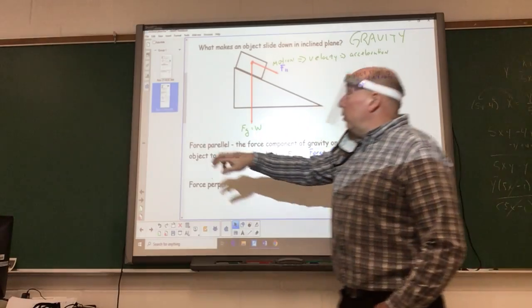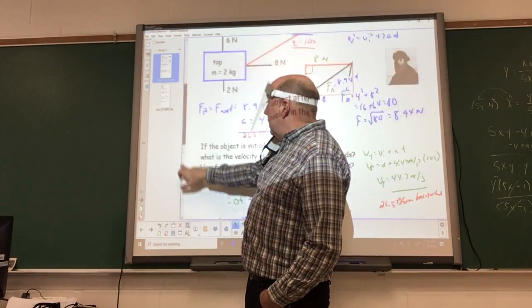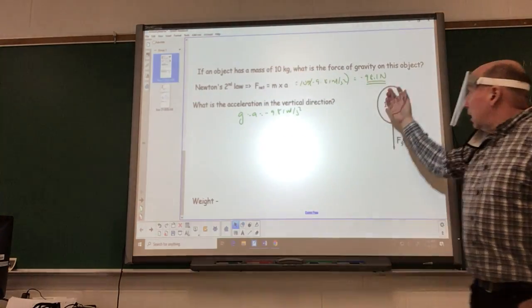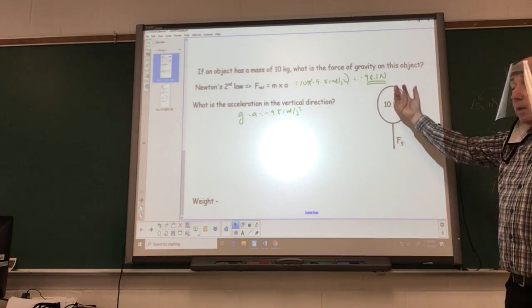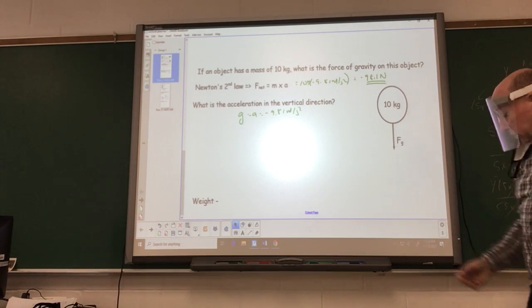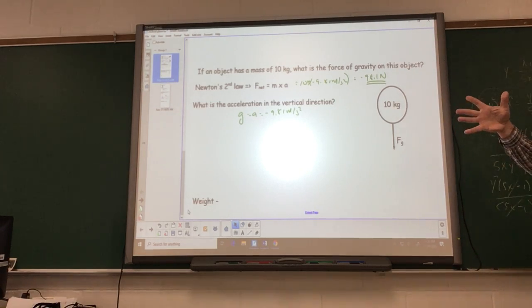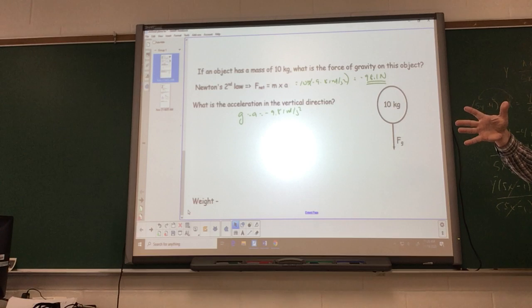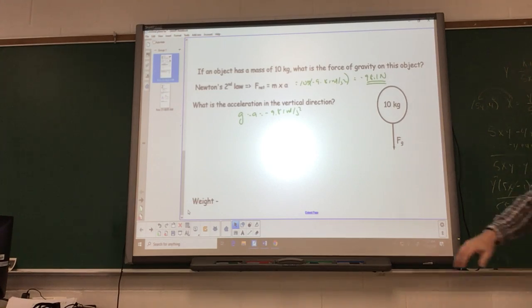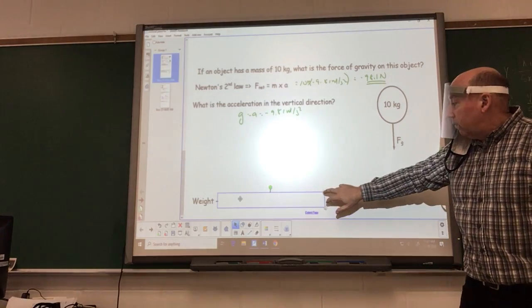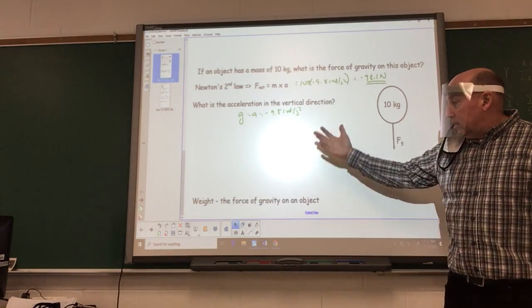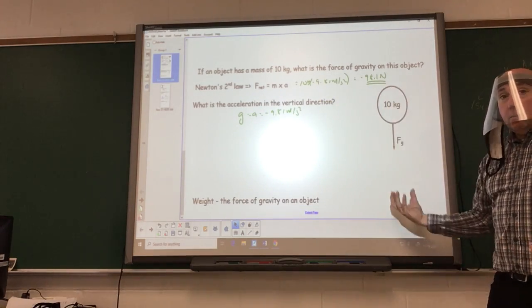And think back to when you just had this 10 kilogram mass. It's pulling it downwards. I have a book here. It's going downwards. That is our weight that I forgot to do over here. That's the force of gravity on the object.